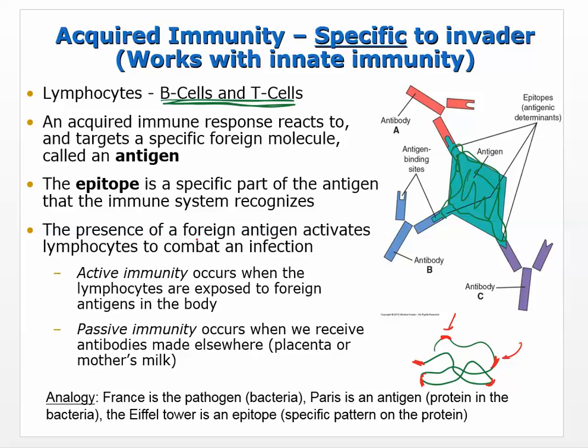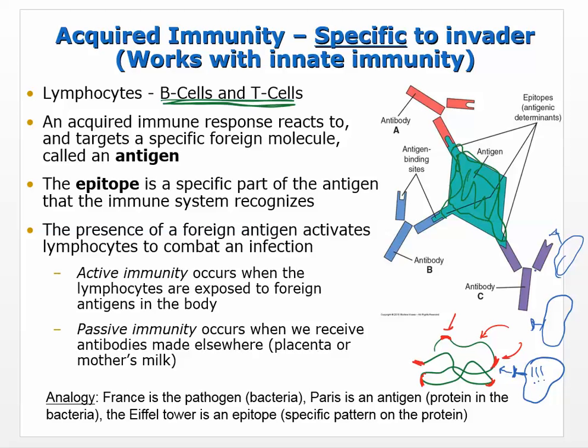The presence of a foreign antigen, let's say we don't make this protein, activates lymphocytes to combat an infection. So if we have a T cell that has a little receptor that recognizes that particular epitope of that antigen, well, that's pretty exciting for that T cell because it's going to be able to replicate and make more of them, since we already know one of these is in here.